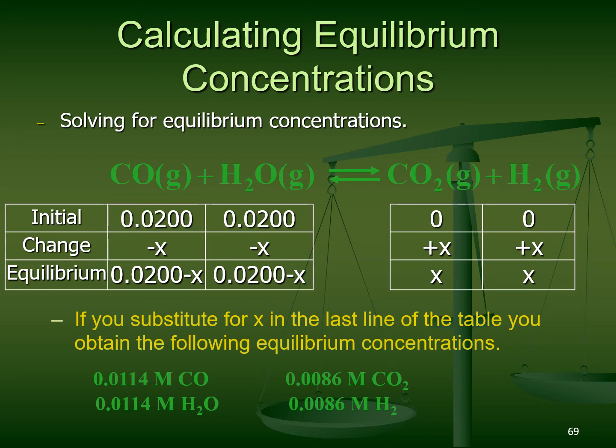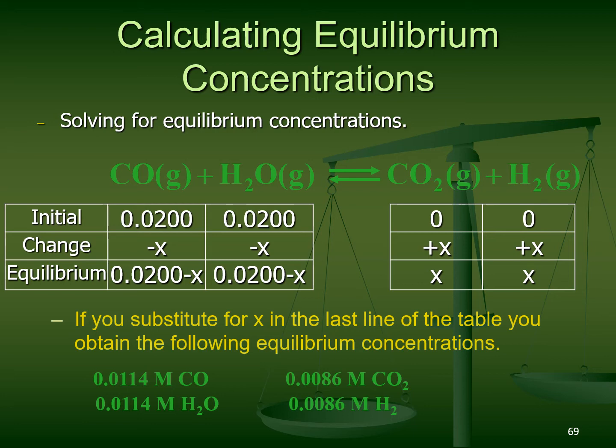One thing that you might want to do at this point, just to check yourself, is take those values and plug them back into the K expression. So in this case, it would be CO2 times H2 divided by CO times H2O. So that's 0.0086 times 0.0086 divided by 0.0114 times 0.0114.